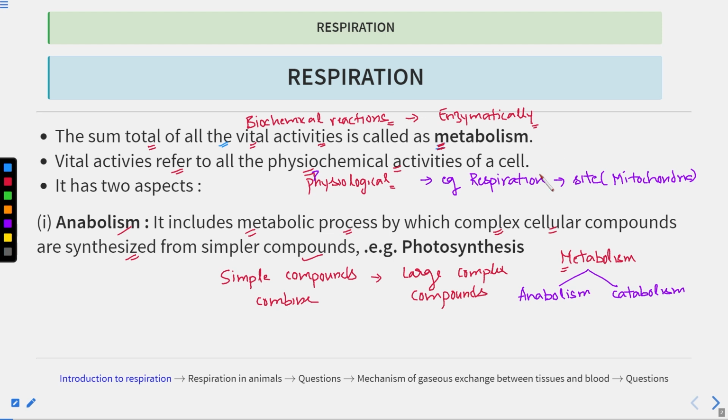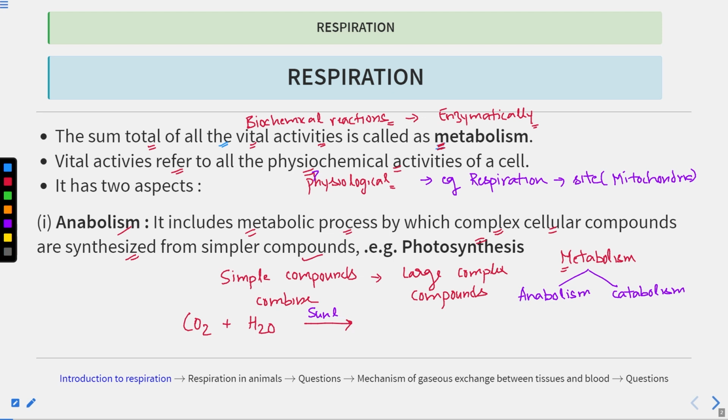An example here is photosynthesis. In photosynthesis, what are the substrates? Carbon dioxide. During photosynthesis, carbon dioxide fixation or carbon dioxide assimilation takes place. And what is the equation for photosynthesis? Here carbon dioxide combines with water in the presence of sunlight.